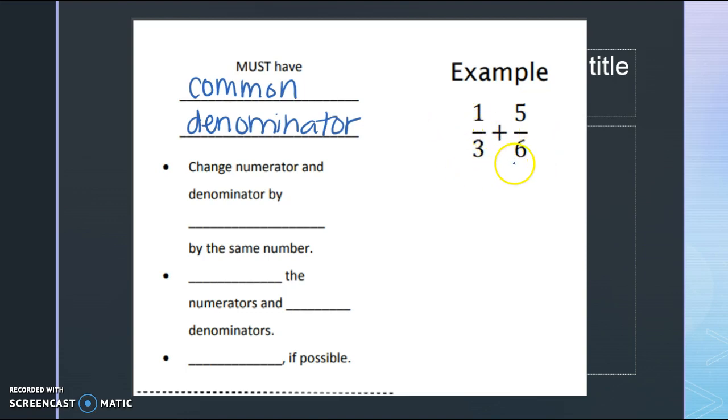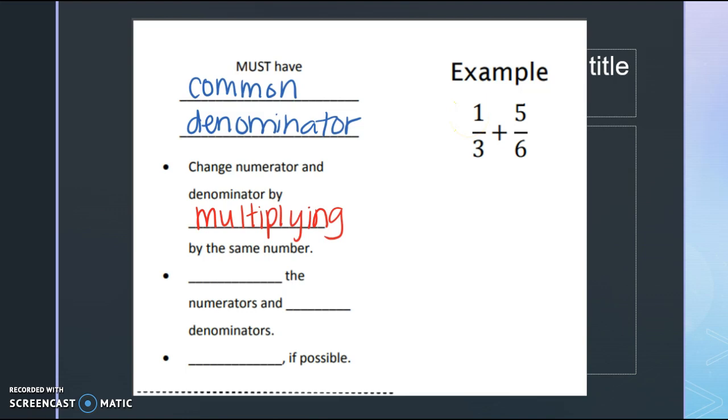We need to get a denominator that's common between the two, and then we change our fractions in order to add them. So here it says change numerator and denominator by multiplying by the same number. So whatever you multiply the denominator by, you also have to multiply the numerator by.